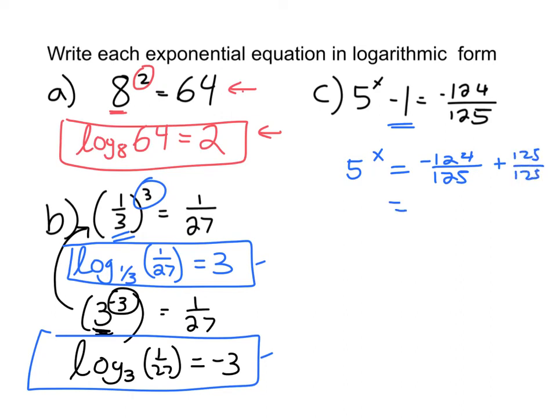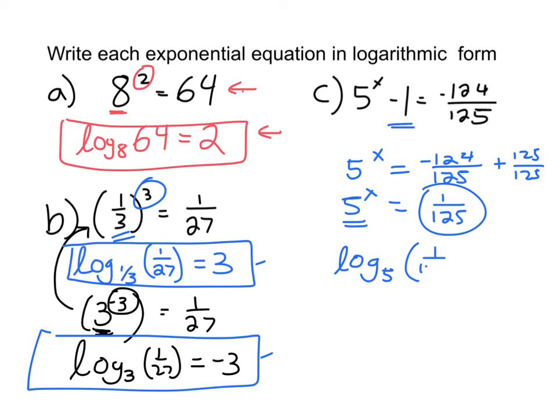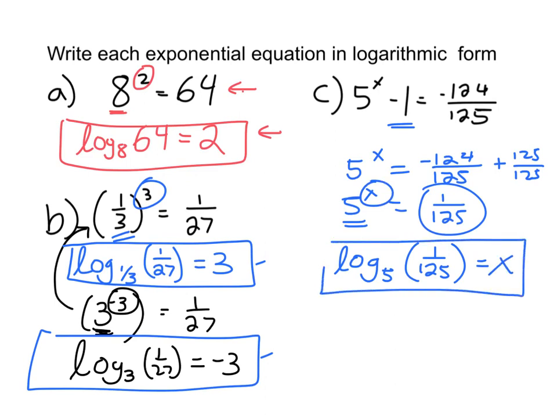Okay, so this simplifies to be 1/125. Alright, so now if I were to write this in log form, the base is 5, so I write log base 5. What it's equaling, so this is over 1/125, okay, and then the exponent. Okay, so the log equals the exponent, which is x.